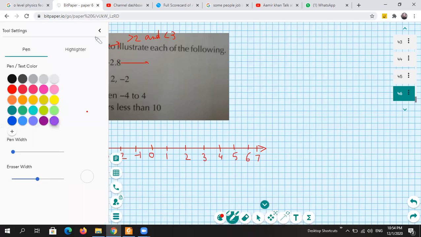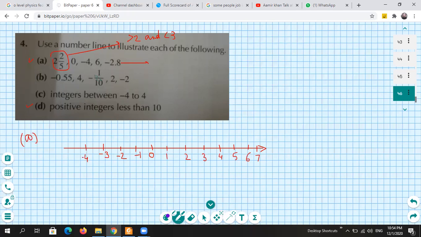I am writing the numbers given in the list with this blue color marker. The first number is 2 whole 2 over 5, which should be between 2 and 3. So I guess this should be here. This number is 2 whole 2 by 5. The second number is 0, so I just make a small filled circle on 0.